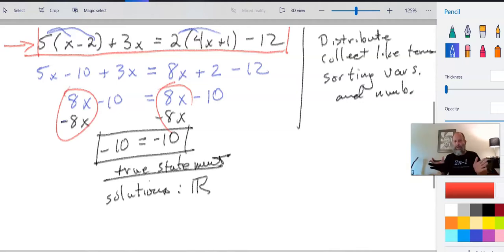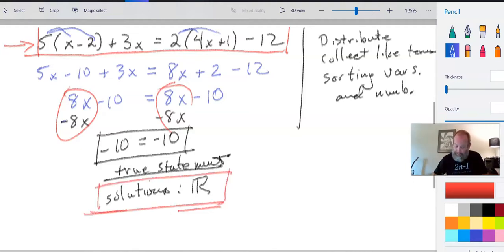So no matter what you put in for x, it disappears, and negative 10 is still equal to negative 10, right? Okay, so this one actually has solutions that are all real numbers, right? This is not your solution. This is your solution, right? So that's one of the things that happens when your variables disappear.